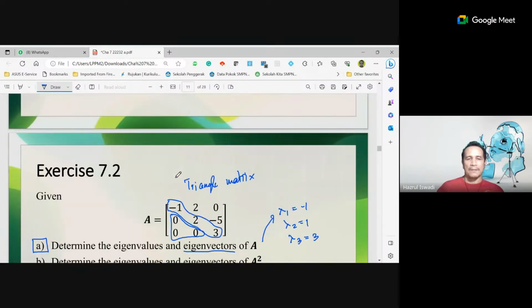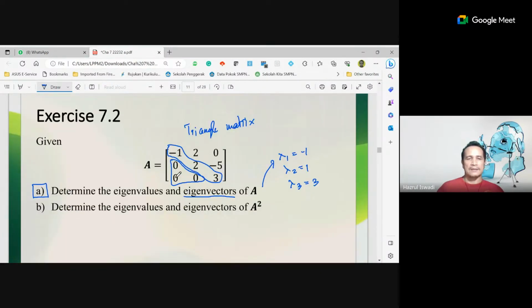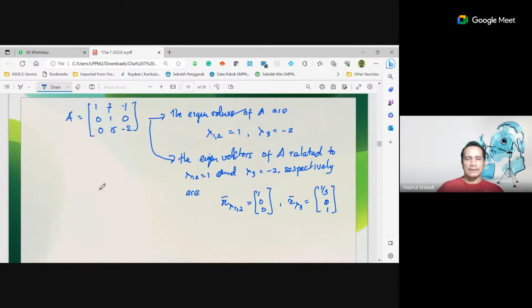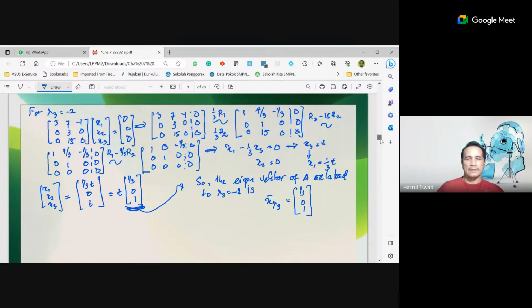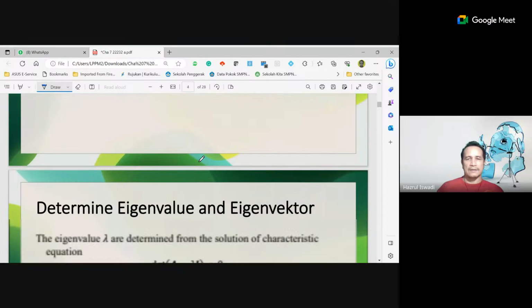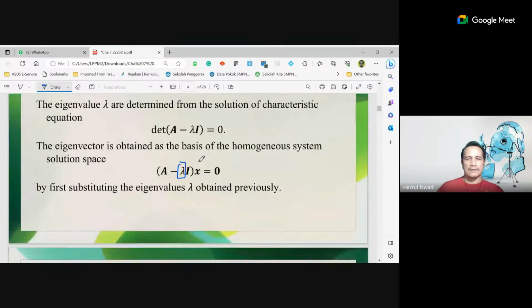Until now, we are presenting the technique of calculating eigenvalues and eigenvectors. Okay, I make a summary until now.